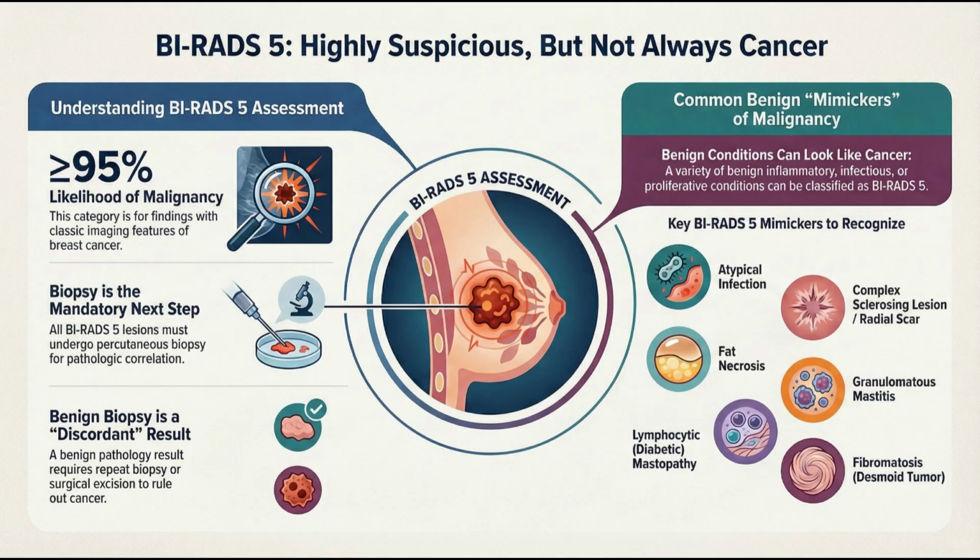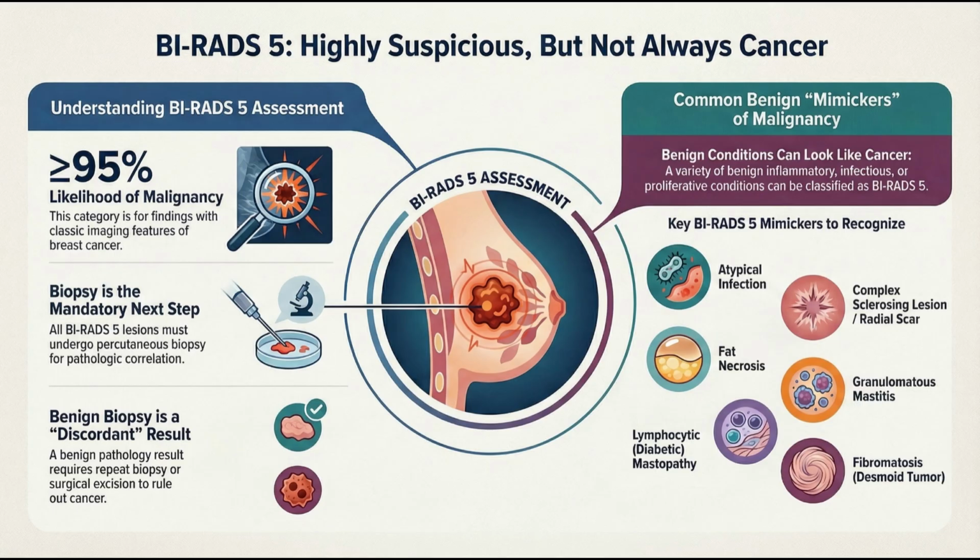And then there's MRI, which adds that element of function. It shows how the mass is feeding itself, right? Correct. MRI is fascinating. It shows us the tumor's blood supply. For a BI-RADS 5, we're looking for an irregular enhancing mass. But the real key is what we call the kinetic curve, how it behaves over time with contrast. So how does it behave? Aggressive cancers build these leaky, disorganized blood vessels to feed themselves.